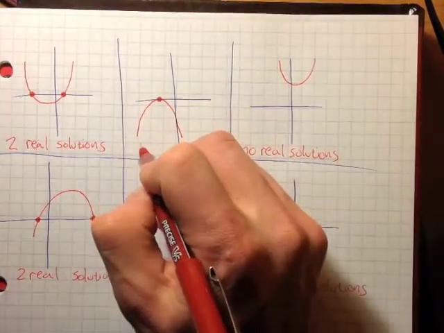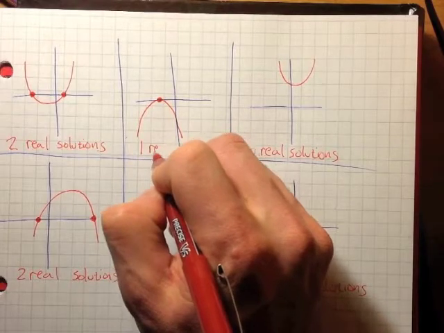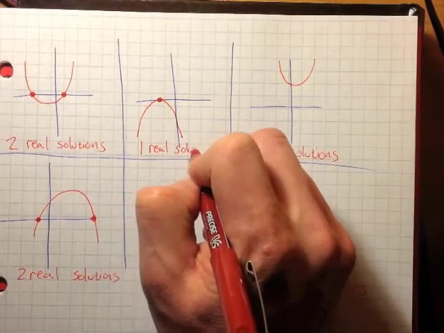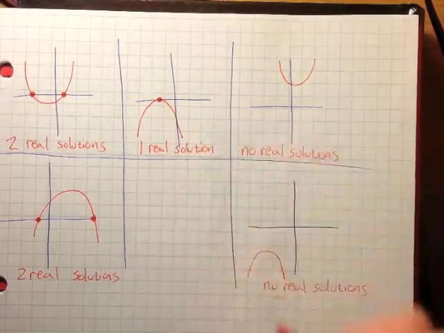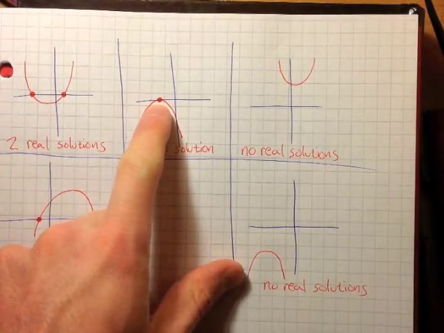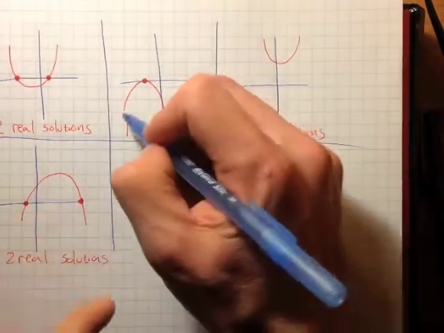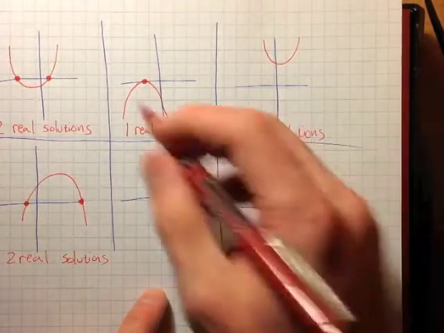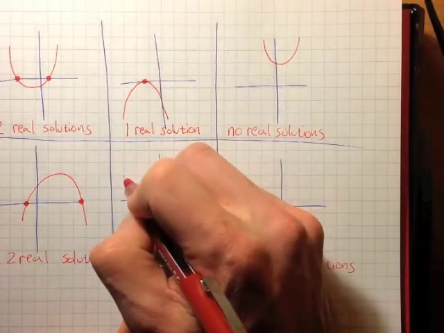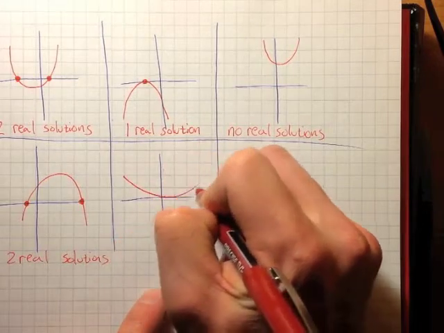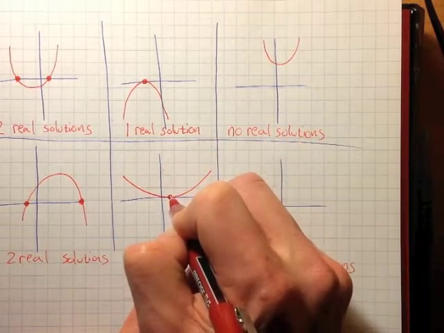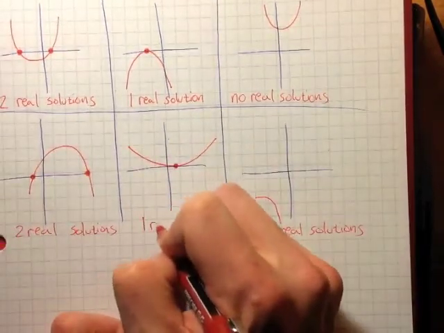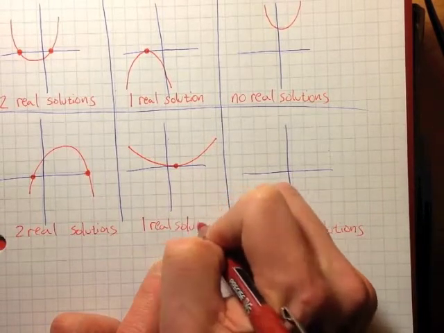In this case, we say it has one real solution because it intersects the x-axis in one place. And I didn't mean to do that. This should have been right side up, but I'll just put it down here. This is the right side up one. Let's say we have a graph that looks like this. Okay. This, again, is one real solution. So here are the different cases graphically.